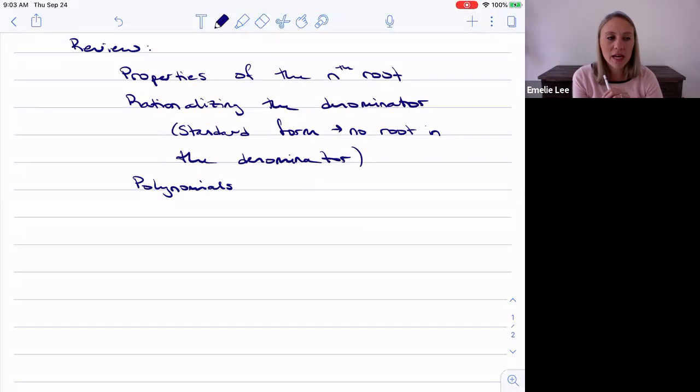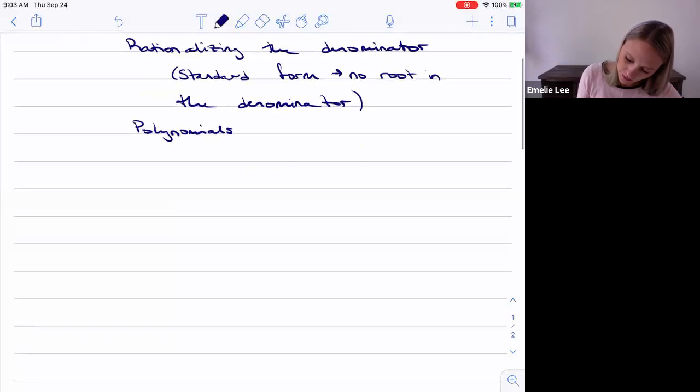Each little chunk of stuff in the polynomial is called a term, and we usually list the terms in order of decreasing powers, starting with our degree, showing off the degree of the polynomial.